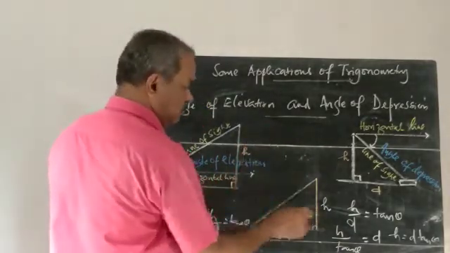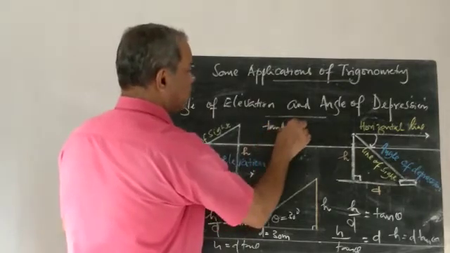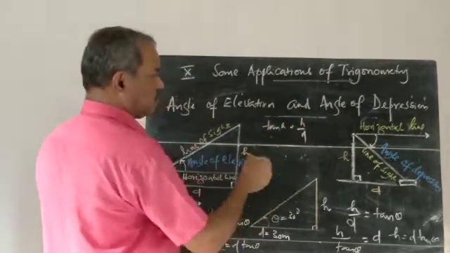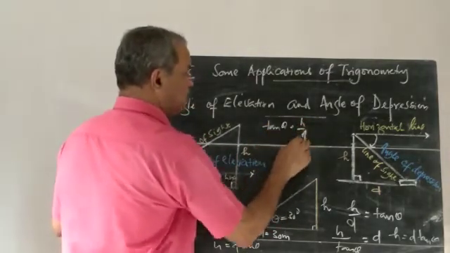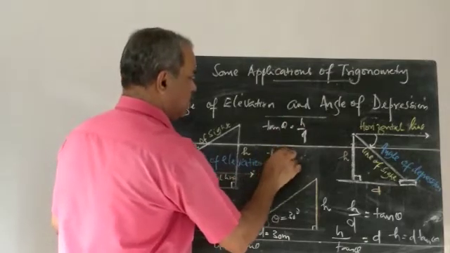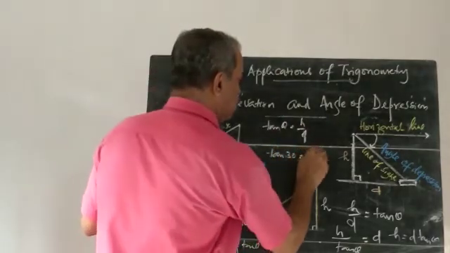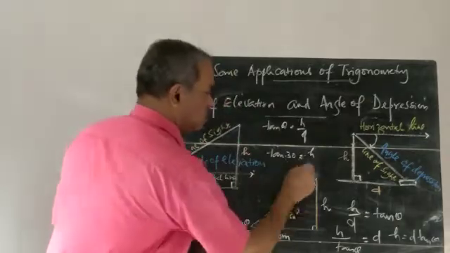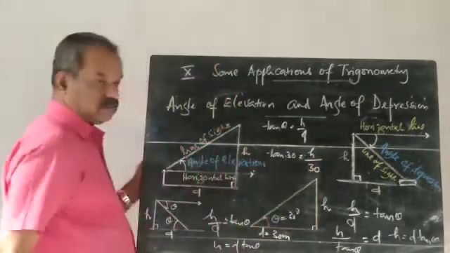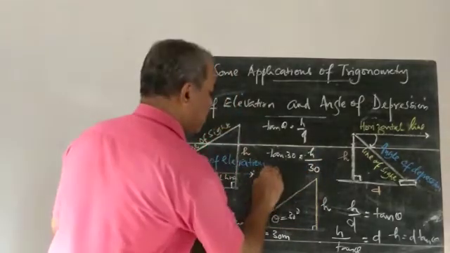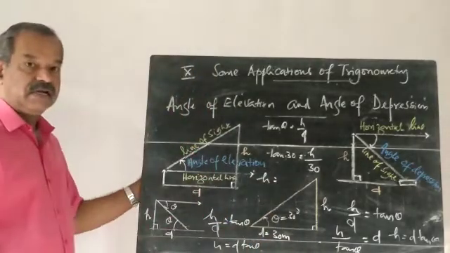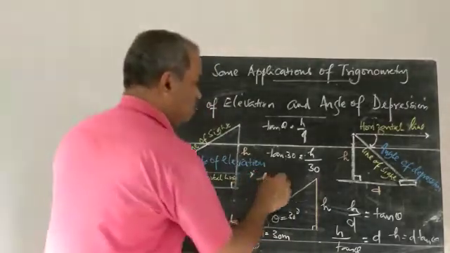Now tan theta equals H by D. Tan 30 equals H by 30. Tan 30 equals 1 by root 3.